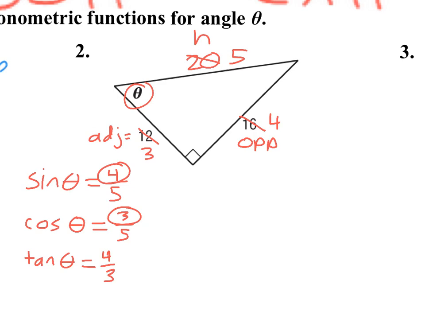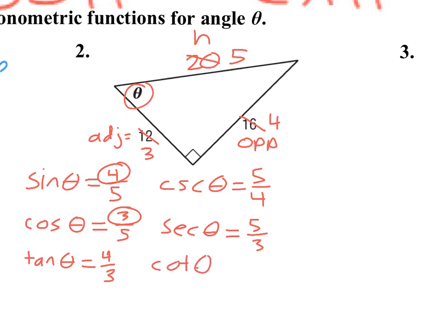All right, the reciprocals. You have cosecant. Secant theta is 5 over 3, and cotangent theta is 3 over 4.